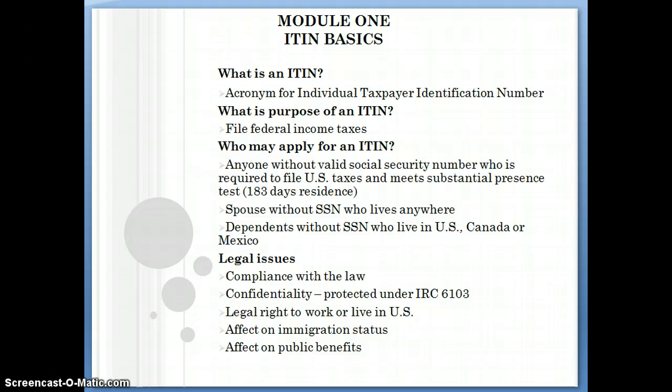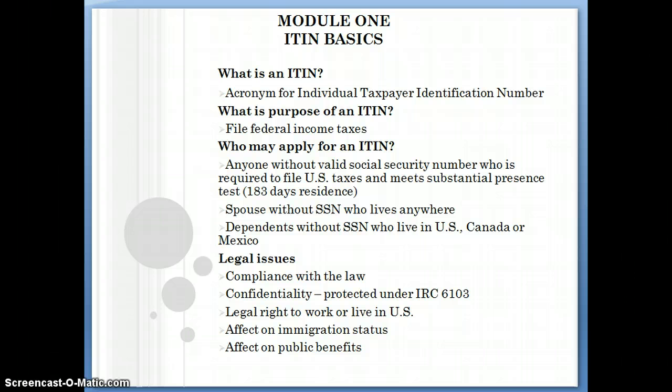A frequent question I hear is, by completing a Form W-7, aren't I helping this person engage in illegal activity? The short answer is no. First of all, the tax centers do not engage or support any kind of illegal activity, so we certainly wouldn't be training you to do anything less than honorable.